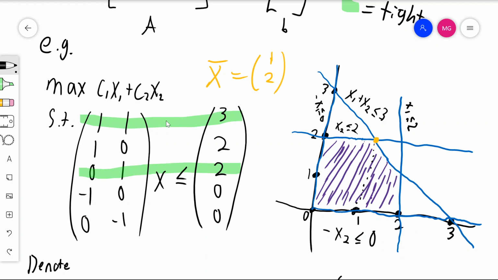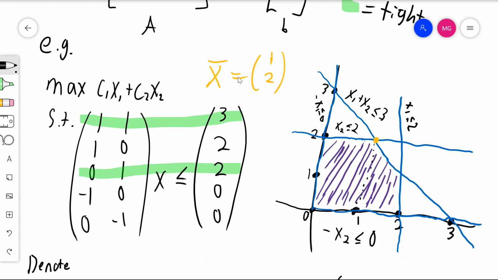I've highlighted those here on the left. So it's this line going diagonally downwards, which is the first constraint, and this horizontal line here corresponds to the third constraint, and those are tight because the point lies on the boundary for both of those.